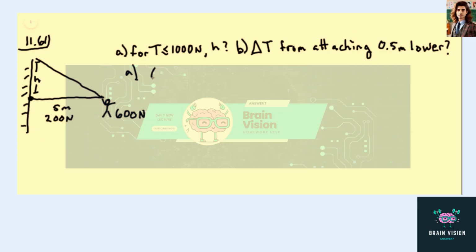So we have (200 newtons) times 2.5 meters, because the weight of the pole acts at its center of mass, plus the weight from the person, so 600 newtons, times their 5 meter distance from our pivot.